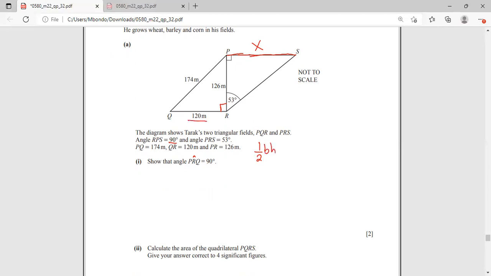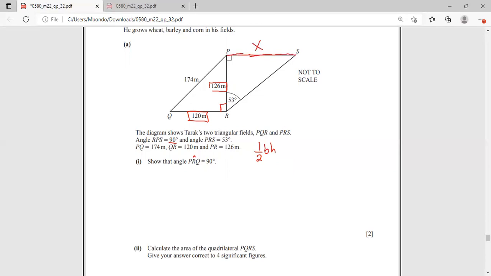Our B is going to be this one, and our height is going to be this one. I don't know if that can work, or maybe we should use the sine. Okay, let's go and see first of all. Anyway, let's first find this distance here.